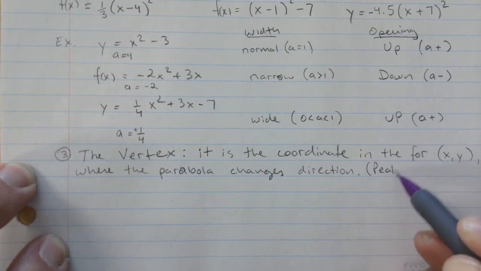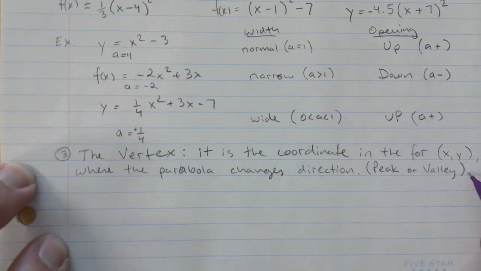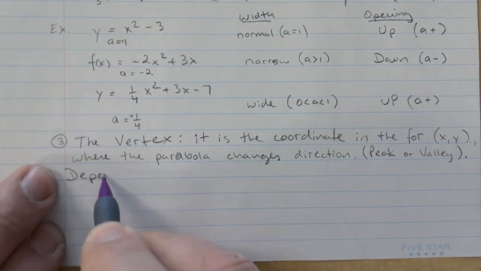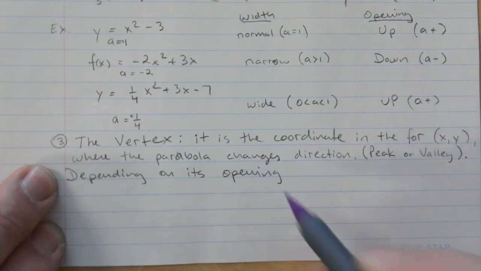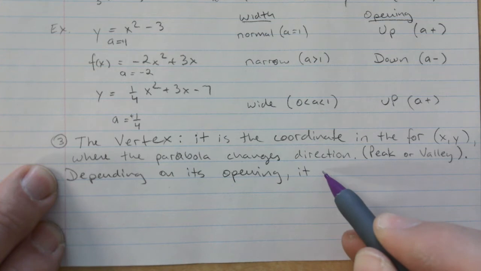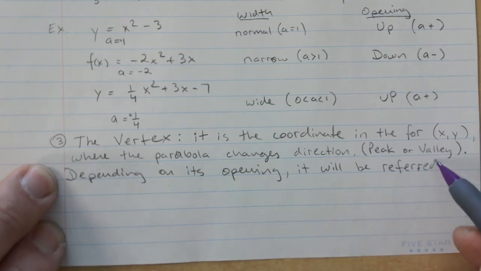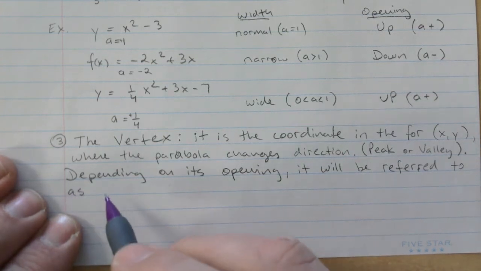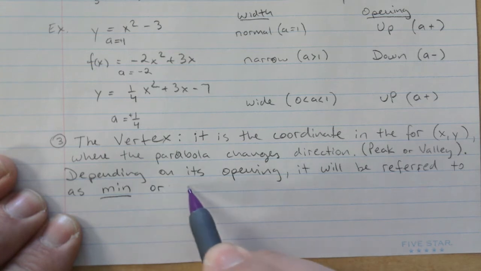It could be at the peak or valley. Depending on its opening, it will be referred to as, I don't know if you recognize the second trace I told you later, min or max when using the calculator.